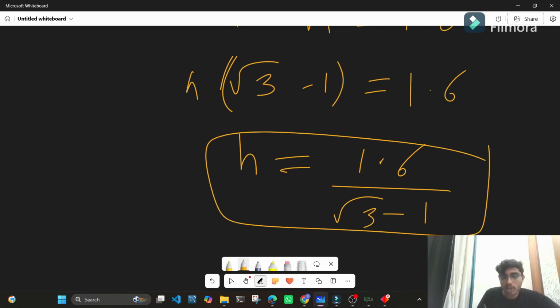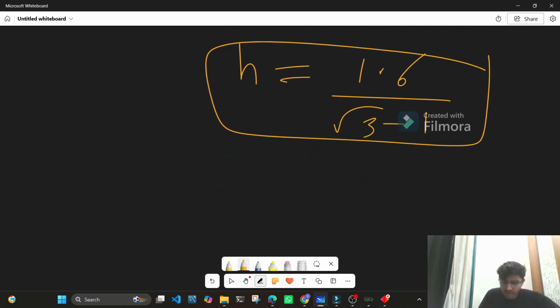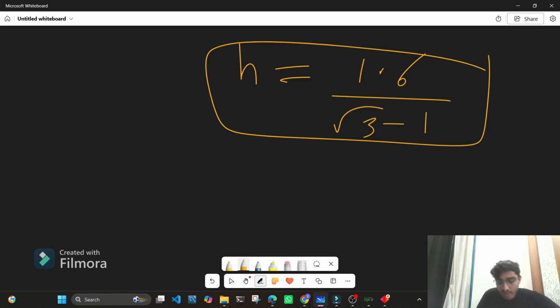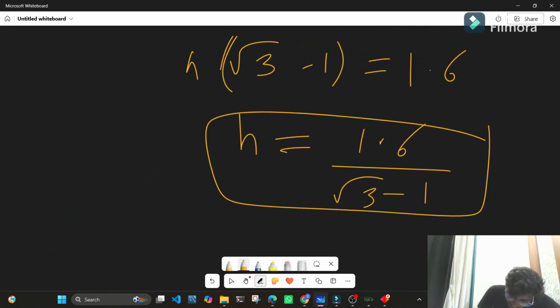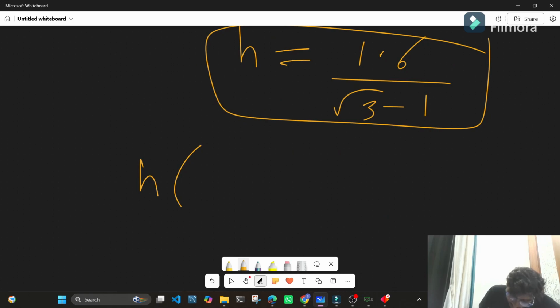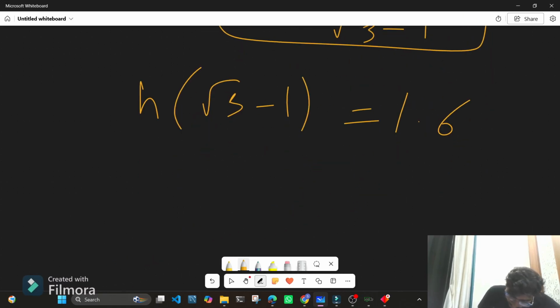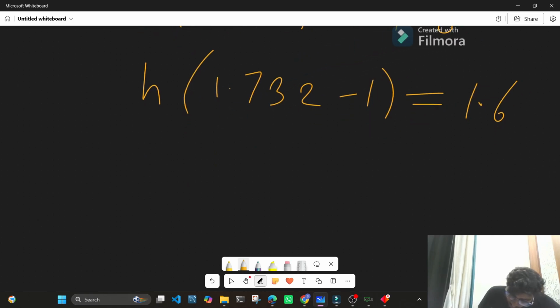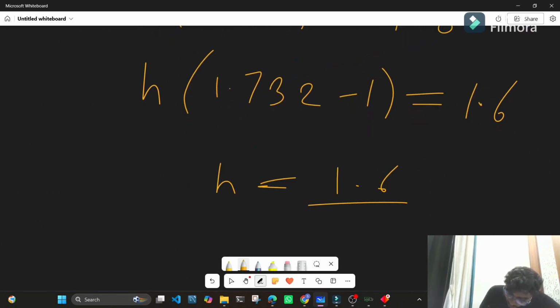So this could also be your answer, or else you can use the standard value of root 3, that is 1.732. It is not a rational value, it is an irrational value. It goes up till infinity, but in general, we can take it as 1.732. So using it in the equation, root 3 minus 1 becomes 1.732 minus 1, and I can write h is equal to 1.6 upon 0.732.